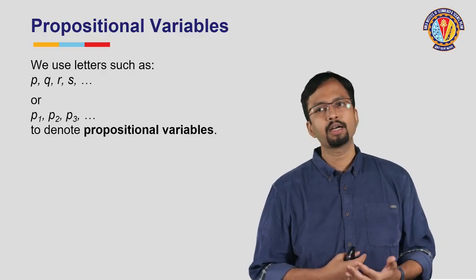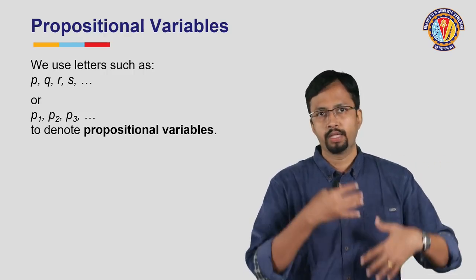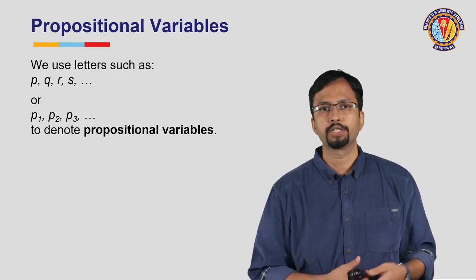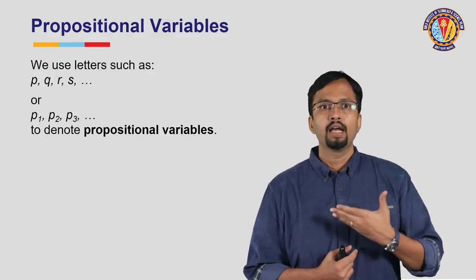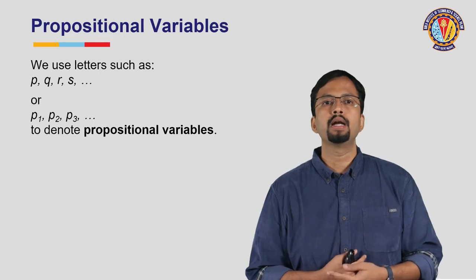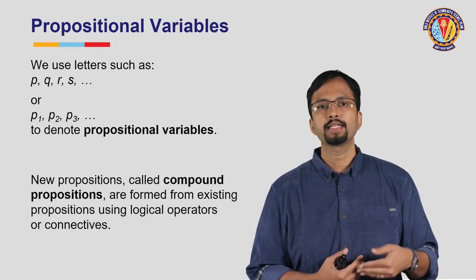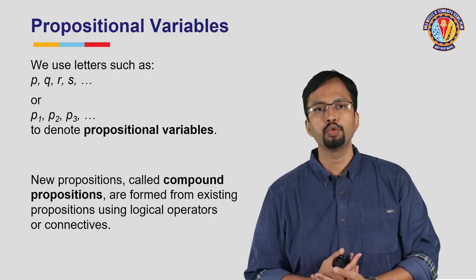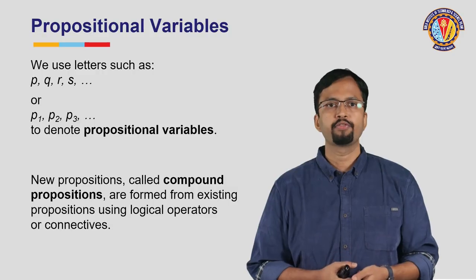And just as with algebra, wherein we use these variables to construct things like polynomials, which are other functions, with propositional variables as well, we will use them to build new propositions which are called compound propositions, and these are formed from existing propositions using logical operators or connectives, which we will see in the next few slides.